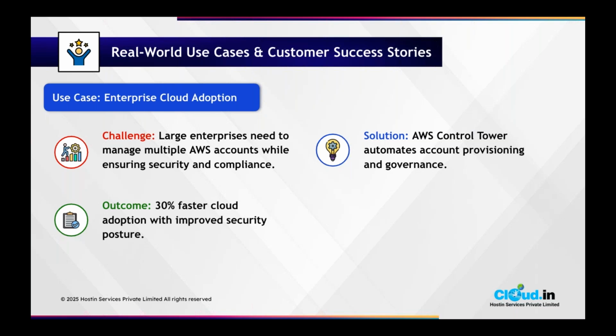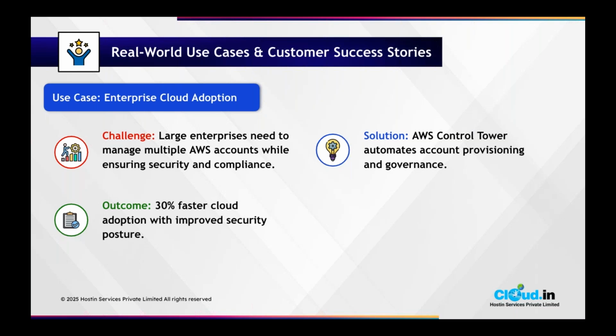Let's come to the challenge. A large enterprise needed to manage dozens of AWS accounts while maintaining security and compliance. Manually provisioning accounts, enforcing policies, and tracking security settings became unmanageable for them.